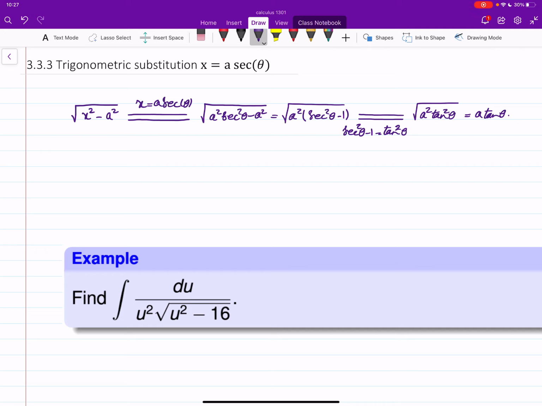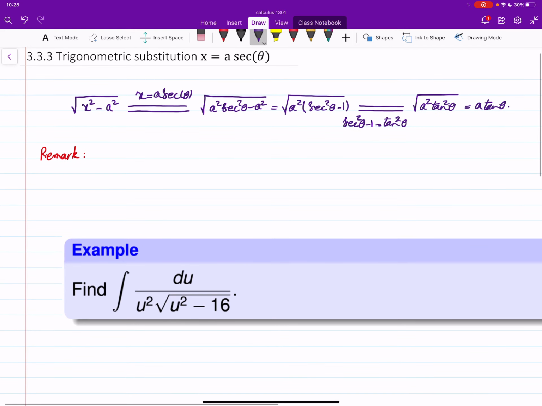square root, and your integral would turn into a trig integral, which we covered, and we can do integration for those ones. There's only one remark that you have to keep in mind: this substitution and the substitution x equals a sine theta look similar. In the case of a squared minus x squared, we set x to be a sine theta.